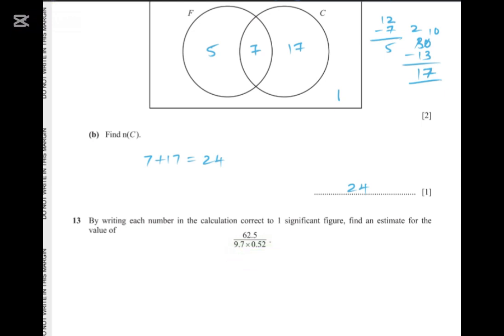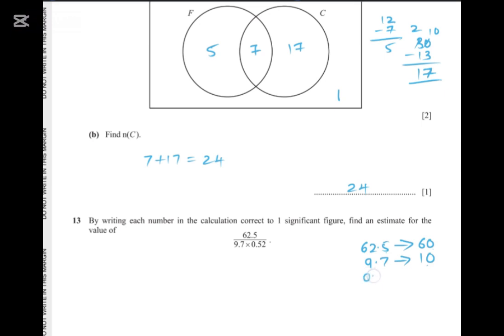Writing them to one significant figure, 62.5 is 60. 9.7 is 10, because 9 is in the tens place and the remaining digit after it is more than 0.5, so you round up to 10.